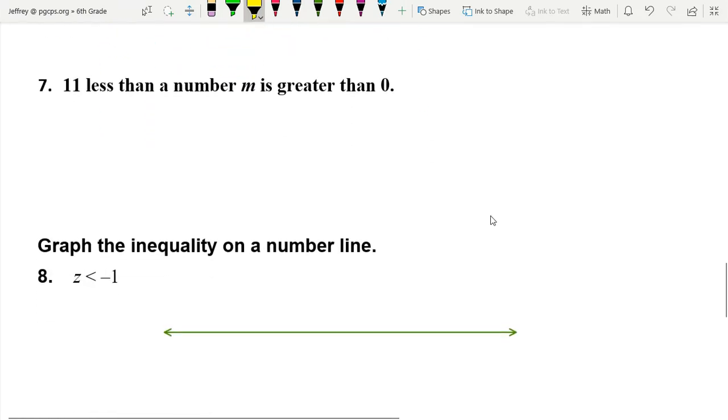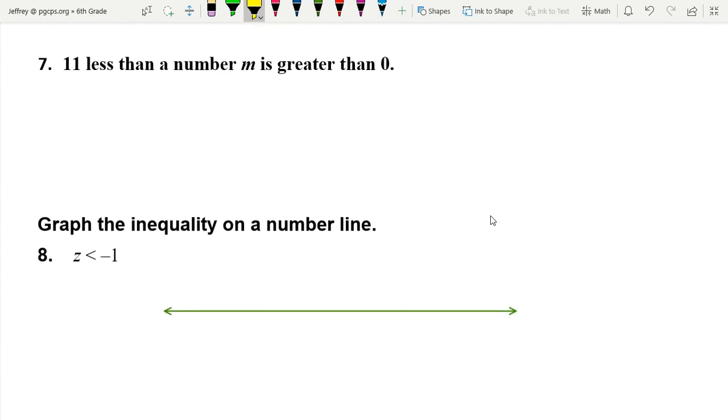Let's do number 7. 11 less than a number m is greater than 0. Now look at the difference. This says 11 less than. It doesn't say 11 is less than. It says 11 less than a number m.